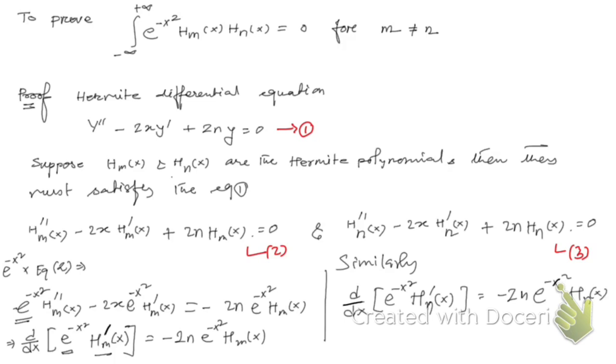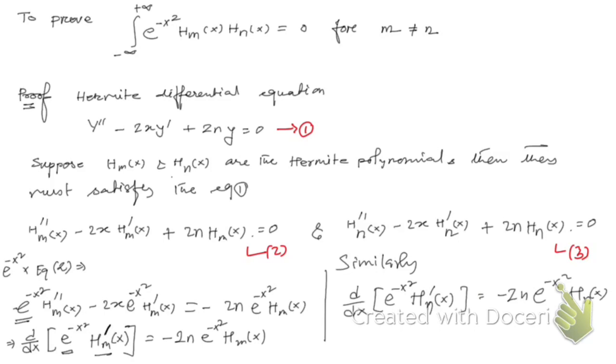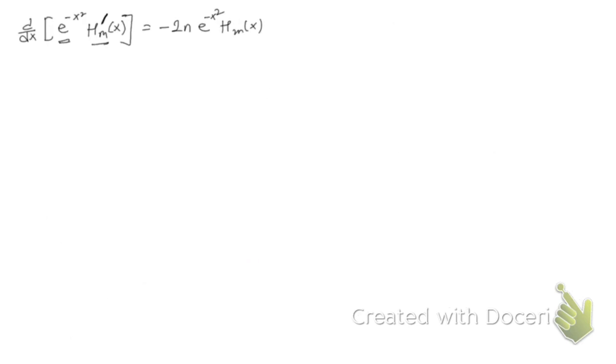Now let me copy these last two results and let me go to a new slide. So here are the last two results. Let me write. Okay, so this is what we have got, right? So we have got these two results.